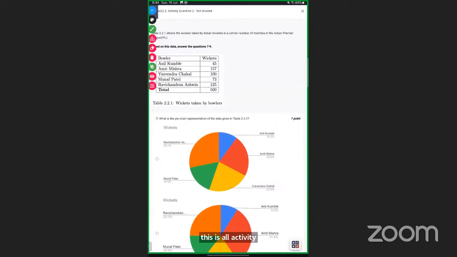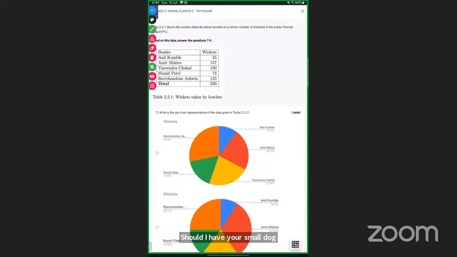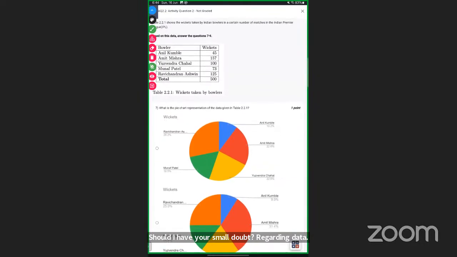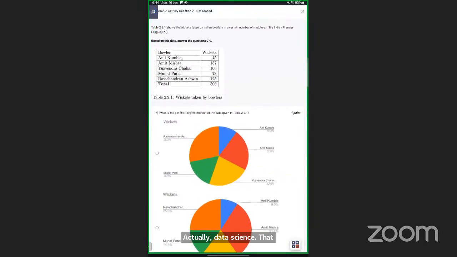Sir, I have a small doubt regarding data science. Data science is normal, sir, but we have to learn data science combined with artificial intelligence.